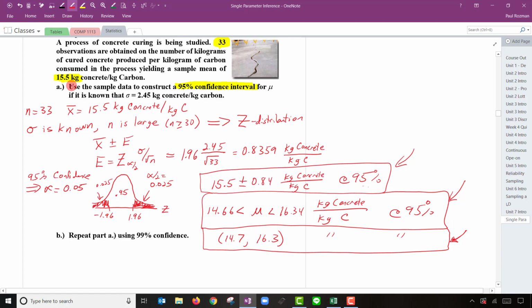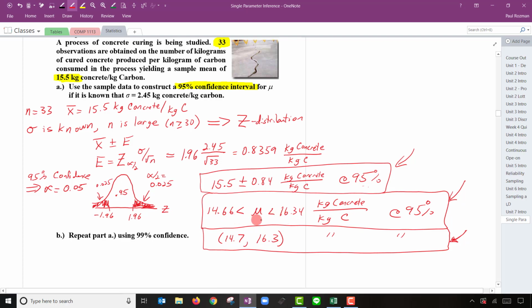If I did another group of 33, I'd get a different mean, and I'd have a different confidence interval. And another group of 33, I'd get a different mean and a different confidence interval. Well, some of these confidence intervals will be good, and some of them will not be good, based on those 33 values that I get by chance.